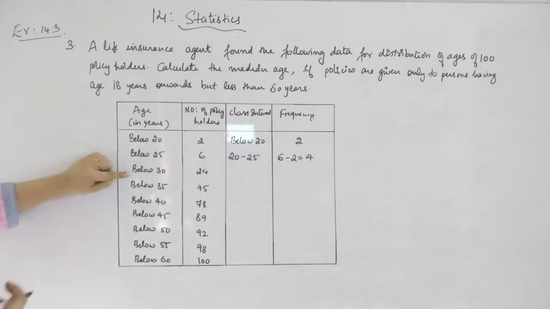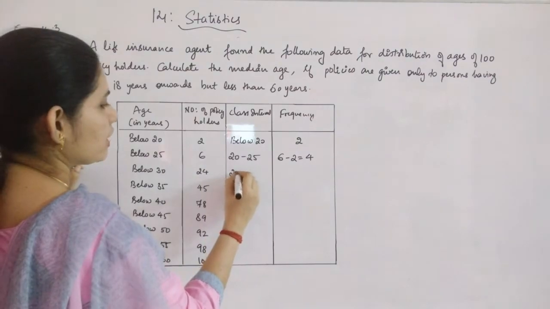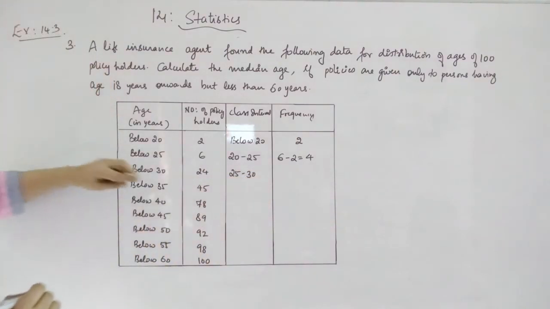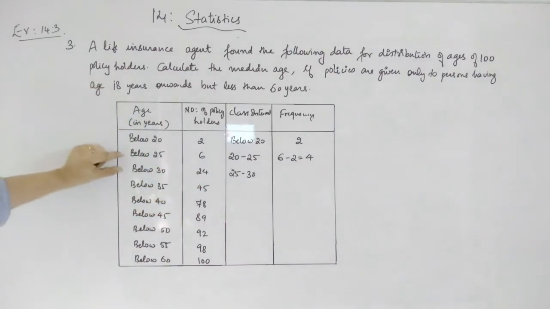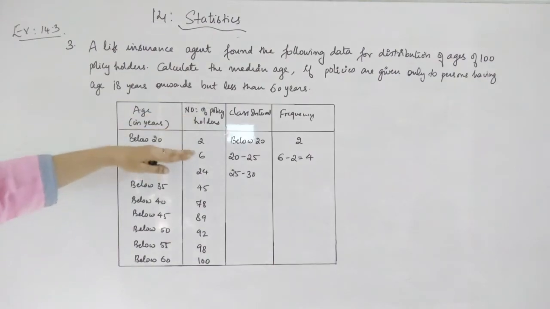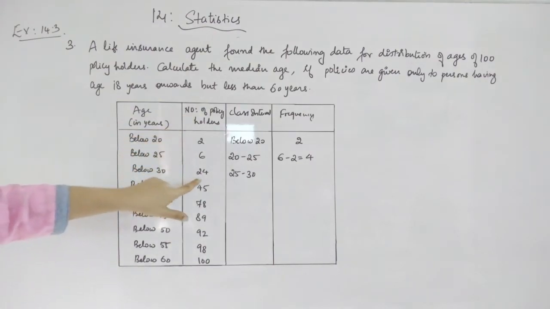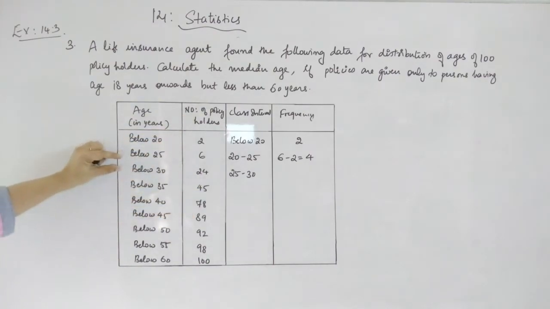Next thing we will form is 25 to 30. Till this you have the value 24, which is acting as the sum of everything below 25 and 30, and we need only the in-between value, that is 25 to 30. That means you have to subtract which value from which one.